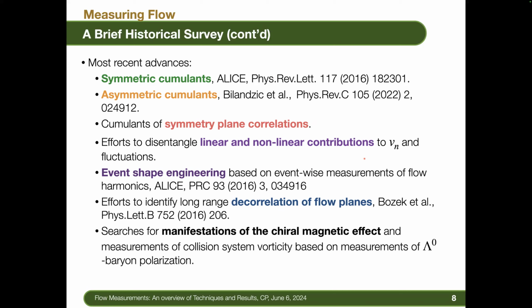And then interest in the cumulant of symmetry plane correlation, interest in the study of linear and nonlinear effects in the measurements of Vn, and eventually also by Voloshin, event shape engineering, and so on and so forth. And this is continuing today. There are still new ways that people are looking at this.